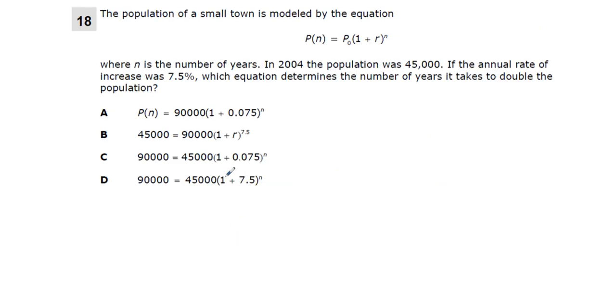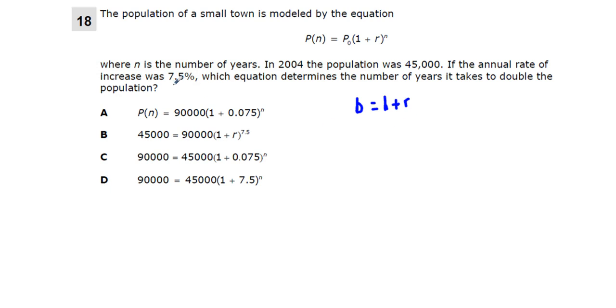Next, 18, a population of a small town is modeled by the equation P of n equals P sub 0 times quantity 1 plus R to the n. And this takes the form of the basic exponential functions we've talked about. And our base we've talked about is equal to 1 plus R. And R in this case is not going to be a percentage.